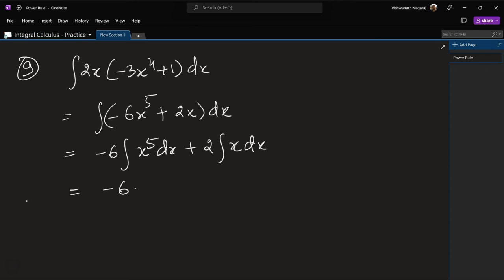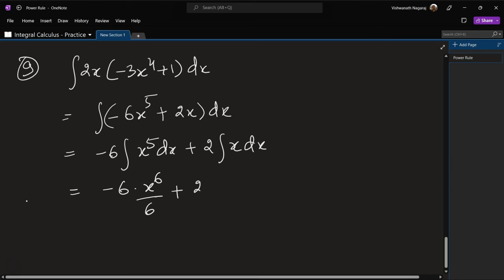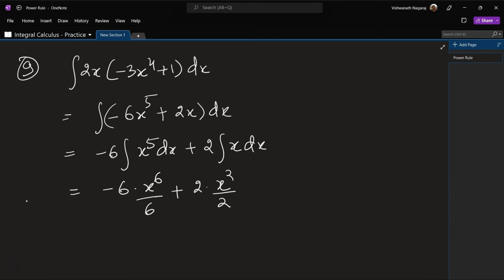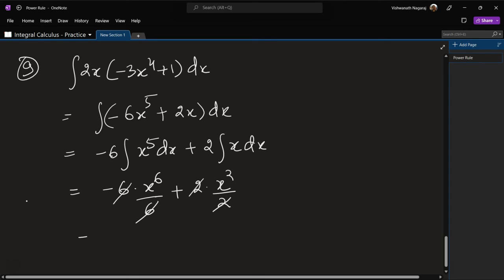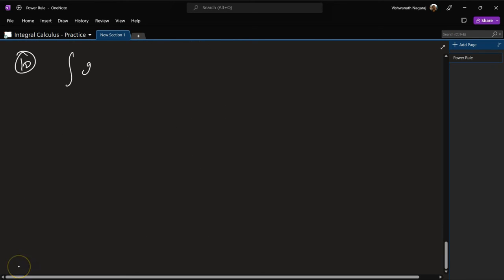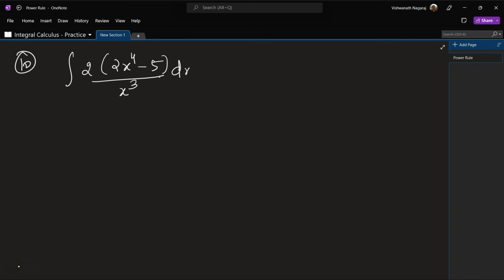This becomes minus 6 times x to the power of 6 by 6 plus 2 times x square by 2. So 6 cancels, 2 cancels, and we are left with minus x to the power of 6 plus x square plus c, constant of integration.